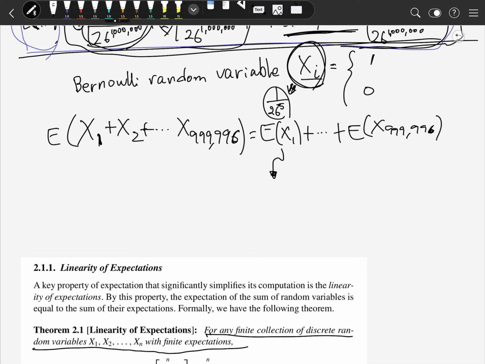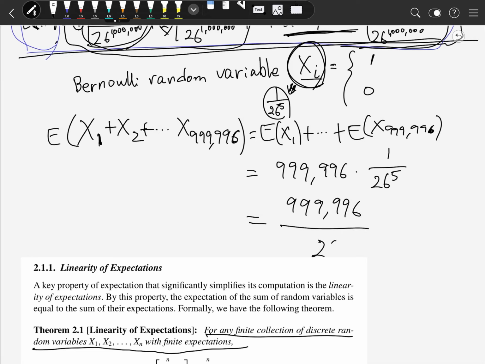So essentially this is equal to 999,996 times 1 over 26 to the power of 5. So the answer is 999,996 over 26 to the power of 5. That's the answer to this question.